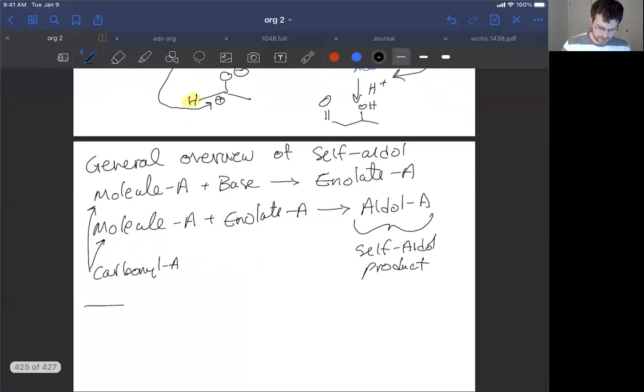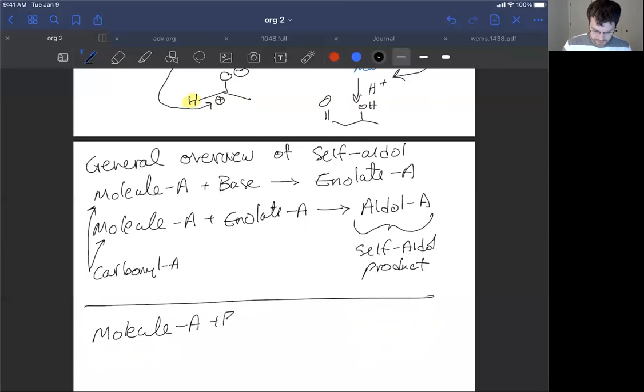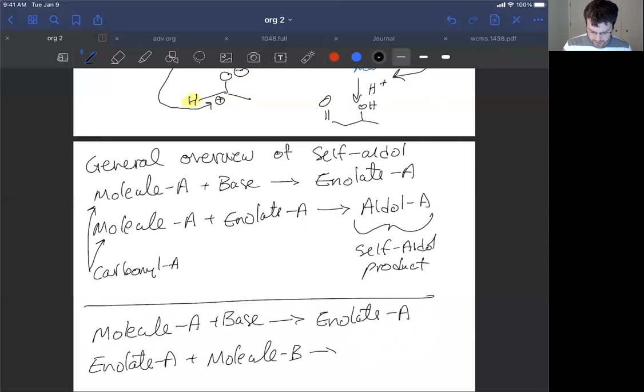Now, conversely, if I had two molecules present, like if I had a molecule A reacting with base to give enolate A, and then instead that enolate A reacted with a molecule B that was also a carbonyl, I would get aldol AB. And then I could flip the order on the two and actually get a different molecule.